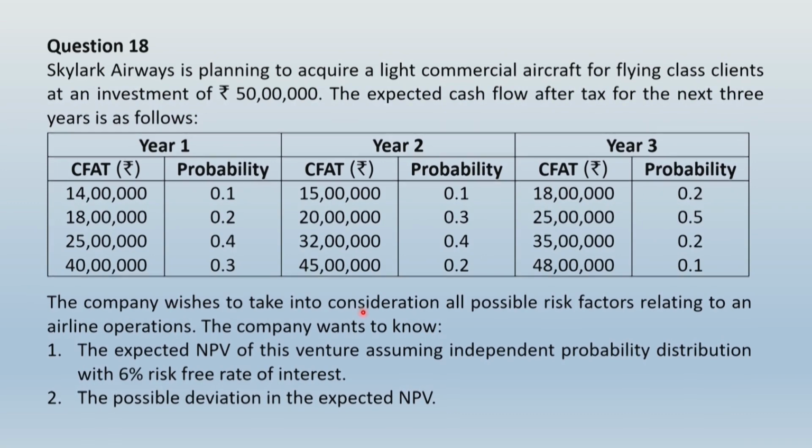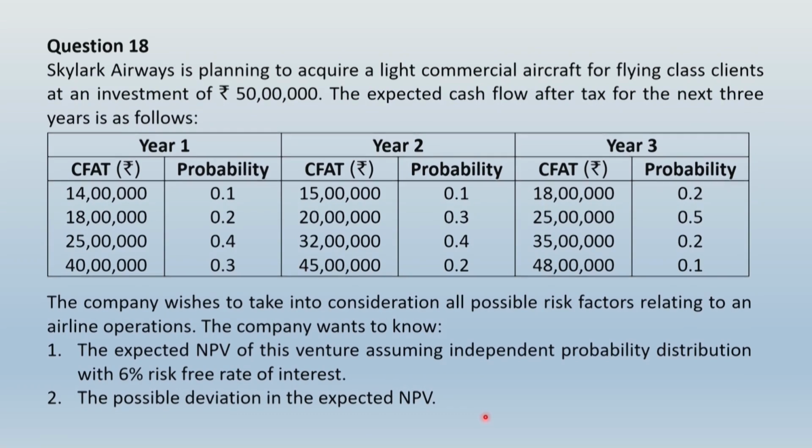The company wishes to take into consideration all possible risk factors relating to airline operations. The company wants to know the expected NPV of this venture assuming independent probability distribution with a 6% risk-free rate of interest. And then the second part of the question asks for the possible deviation in the expected NPV.